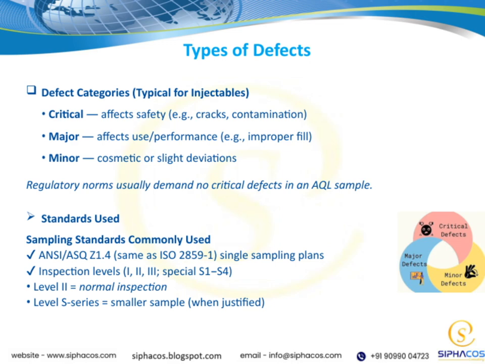For smaller sample sizes, especially when justified, we might use the S-Series inspection levels from S1 to S4. These allow us to adapt our sampling based on the context, balancing thoroughness with efficiency. All of this helps us ensure the quality of our injectables while adhering to regulatory requirements and maintaining consistent standards in our quality control processes.